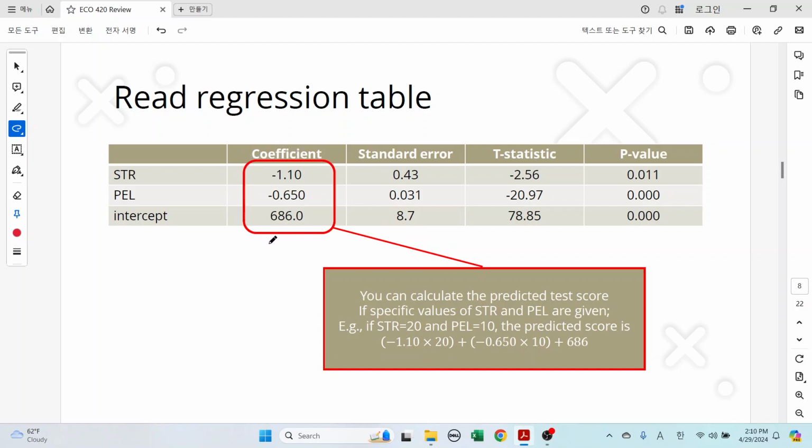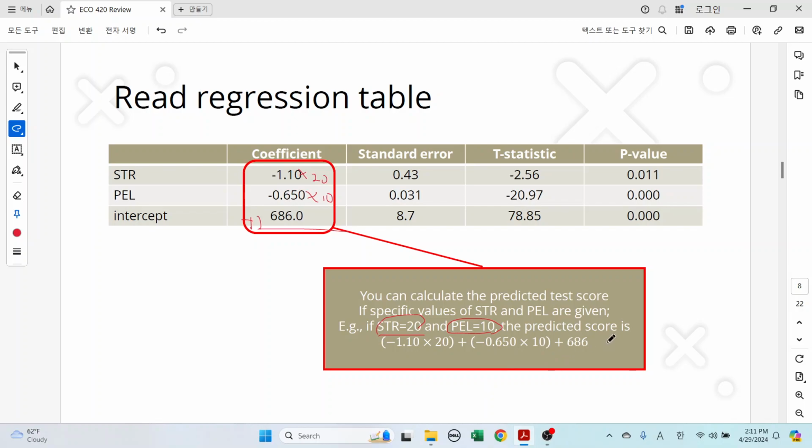And then, combining all the coefficient estimates, you can calculate the predicted test score. For example, you need specific values: suppose the student to teacher ratio is 20 and the percentage of English learners is 10%. Given these two numbers, you just plug them in, multiply them by the coefficients, and sum everything up.